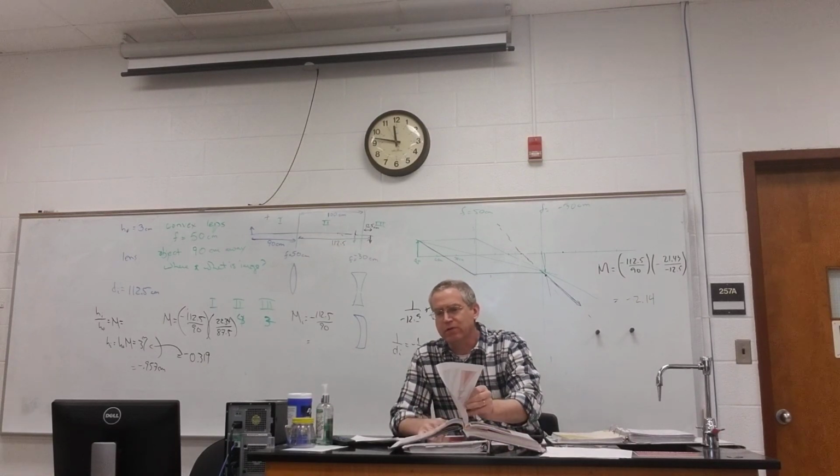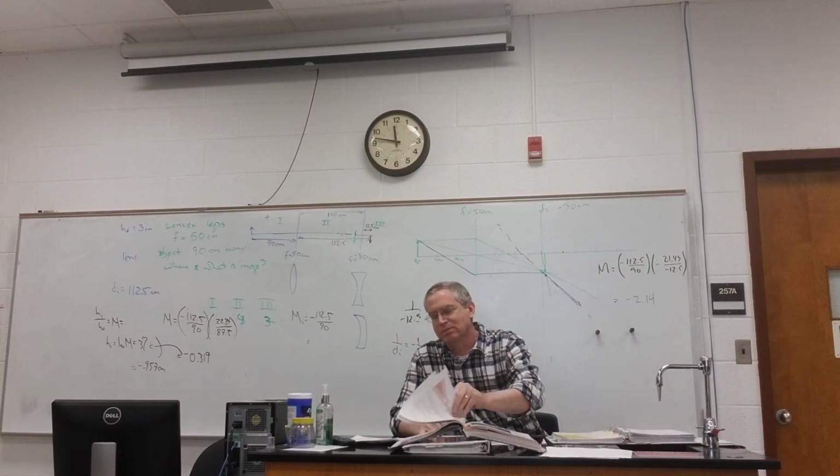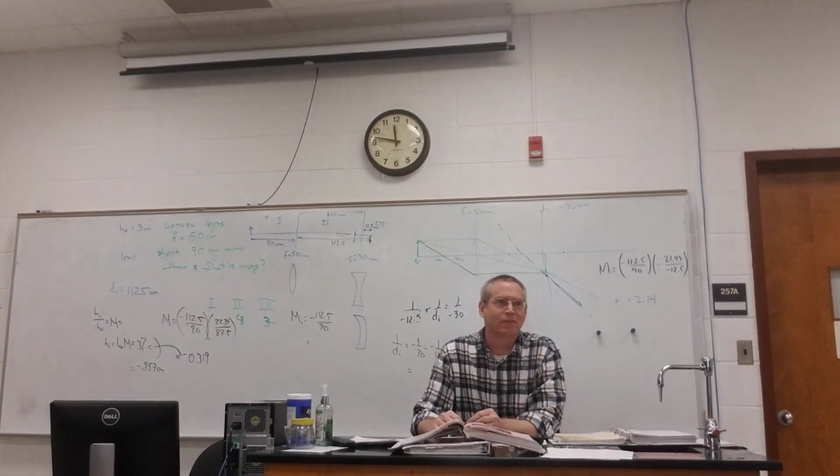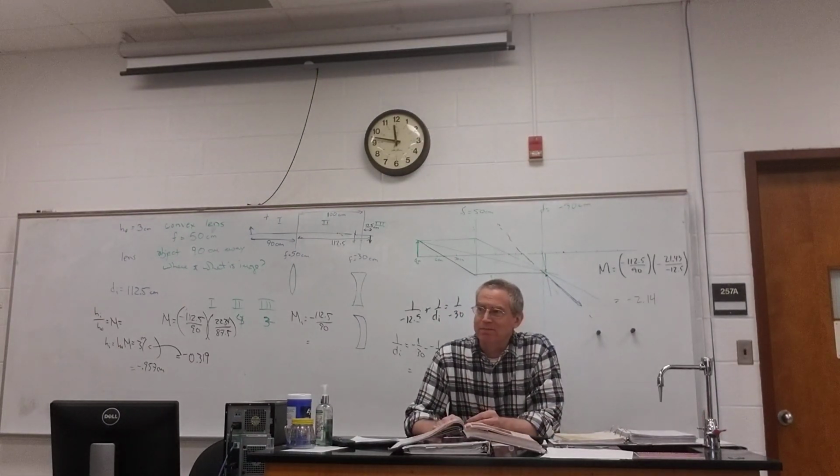And then at the end of 37, we start doing other things, because in terms of the actual content of the course, this is light and sound. This textbook basically does light through chapter 37.